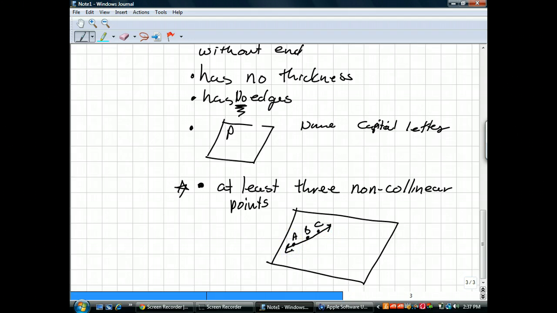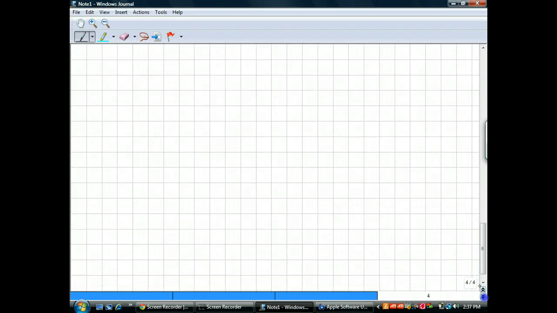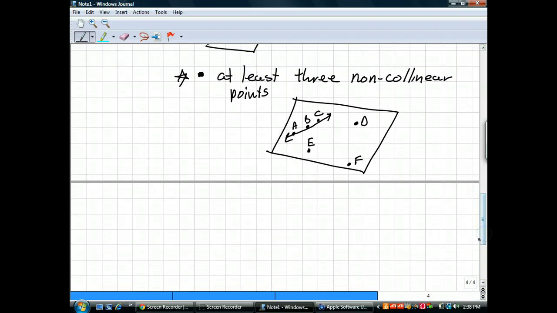But if I have D, E, and F, there's no way to draw one single line through all three of those points. So we can name this plane EDF. So we can either name it by a capital letter or by 3 points that belong to the plane.